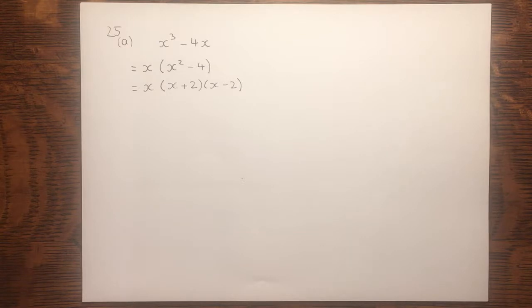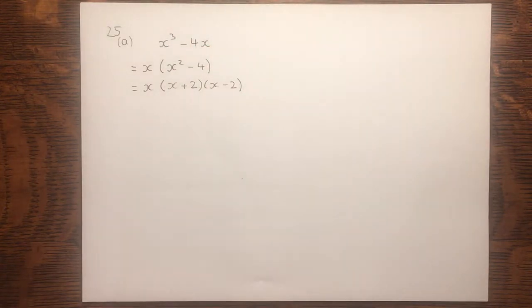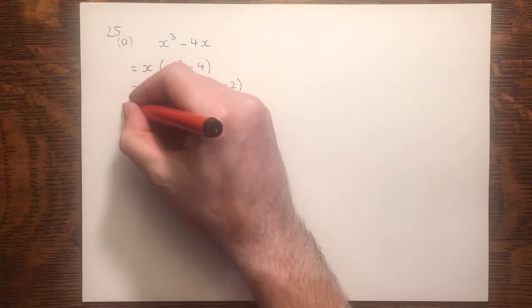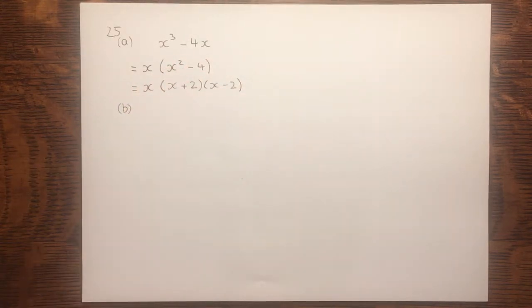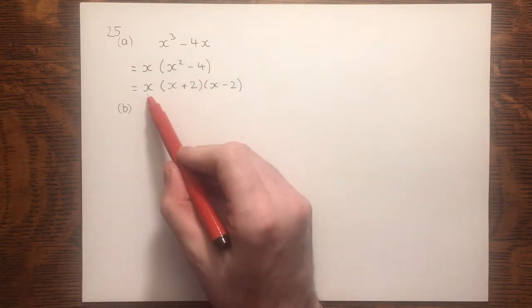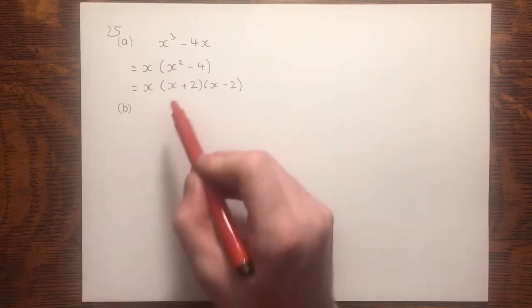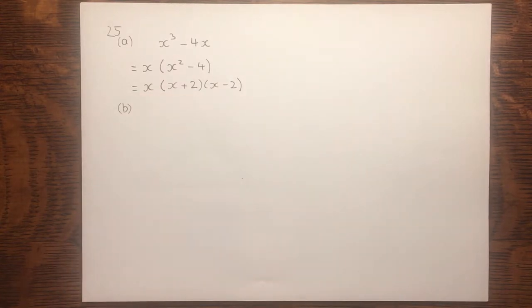Part B asks us to sketch the equation y equals x cubed minus 4x. So as usual in parts that follow, we use what happened previously. In order to sketch this, I would have needed to have factorised it, but I've already done that. And I can see here that we've got three solutions when x is 0, when x is minus 2, and when x is 2.